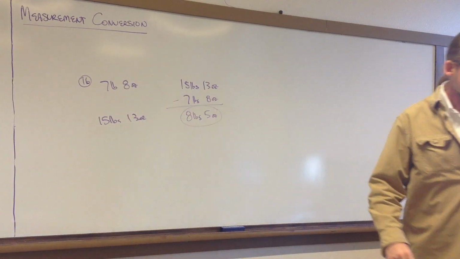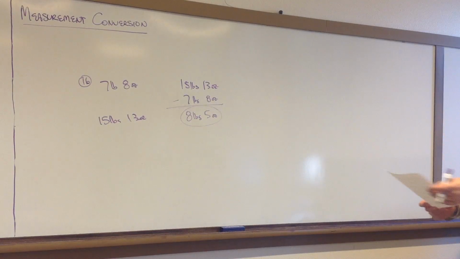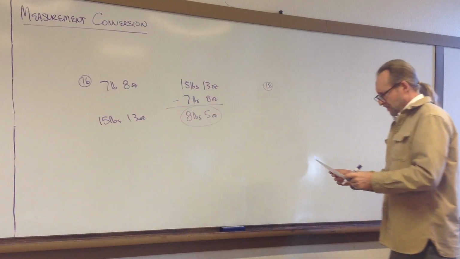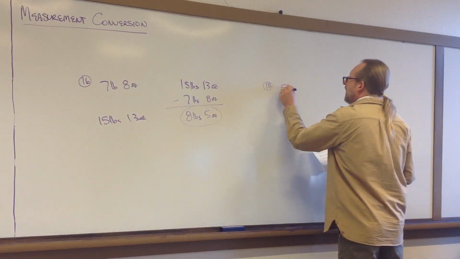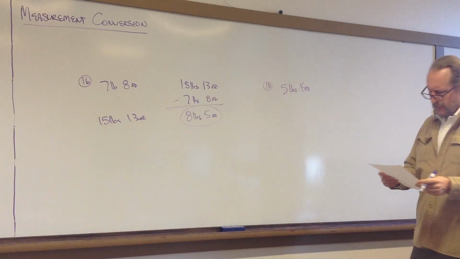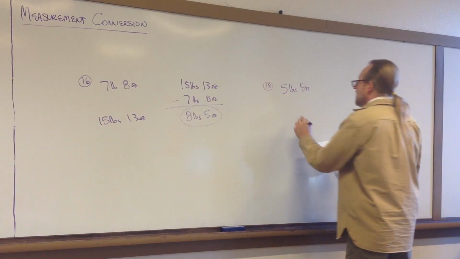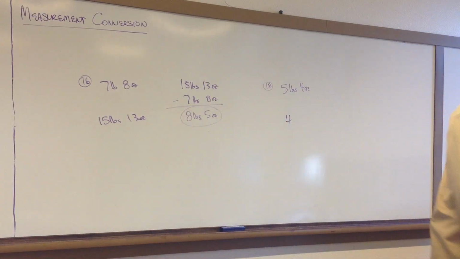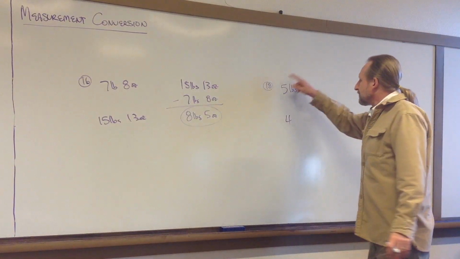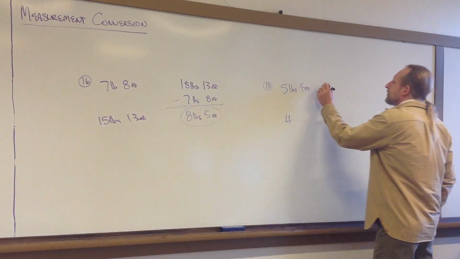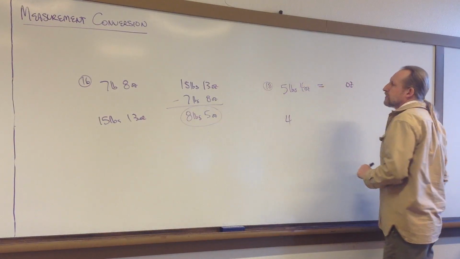Okay. Let's see here. Problem 18. Massage oil weighing 5 pounds, 4 ounces is divided equally and poured into 4 containers. How much massage oil is in each container? Well, theoretically you could divide this by 4, but I think really the best way to go is to change this all into ounces.